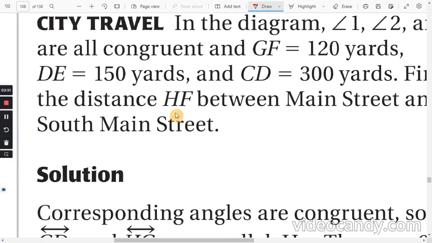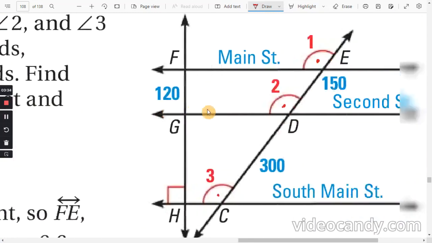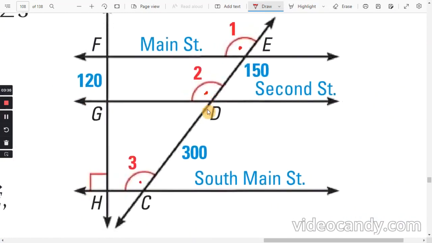They want us to find the distance HF. So we are going from H to F, this whole thing right here. So we basically need this piece right here, so I am going to label this piece X.